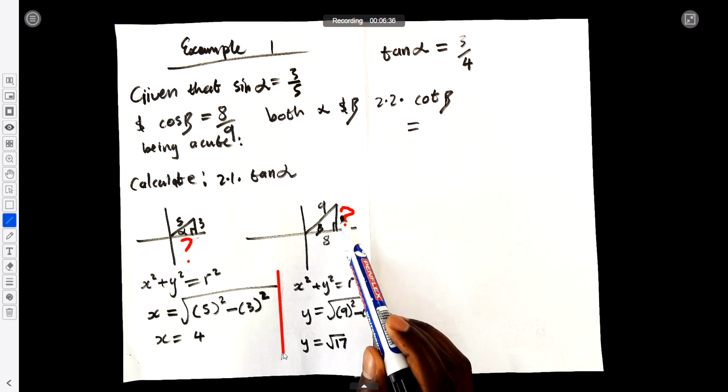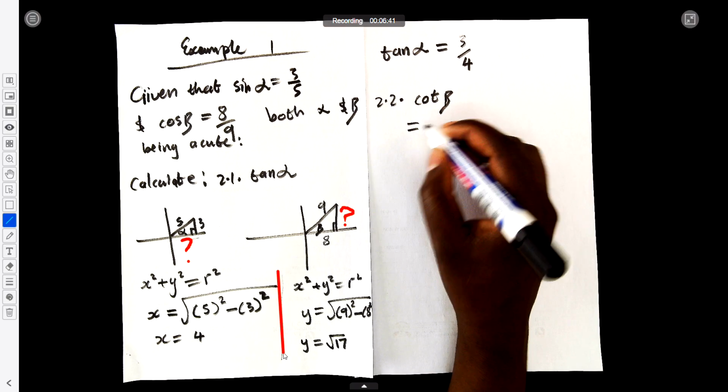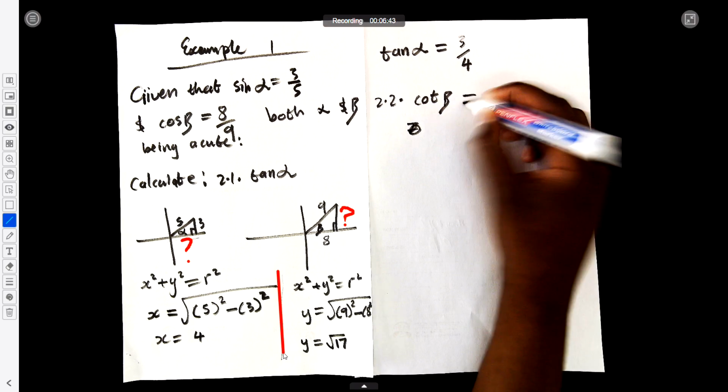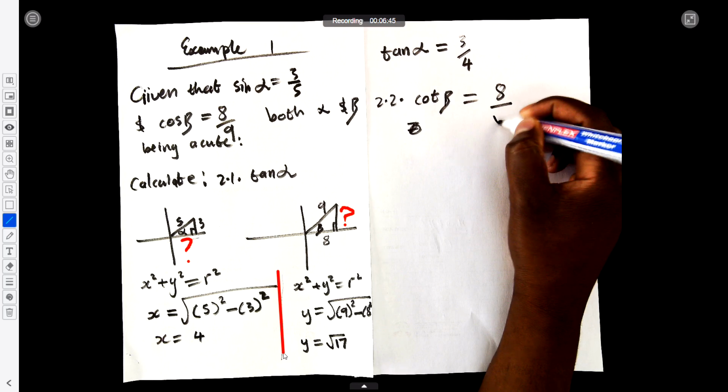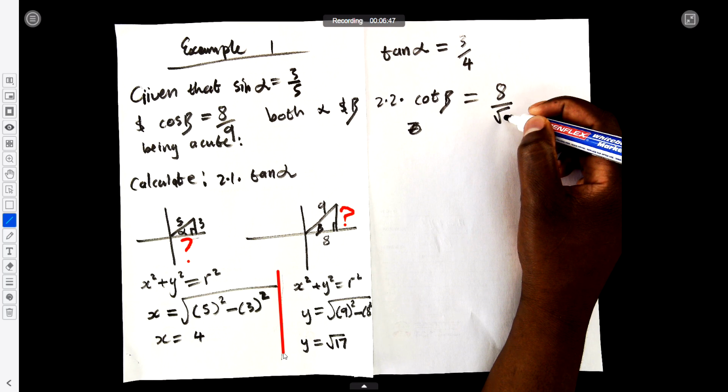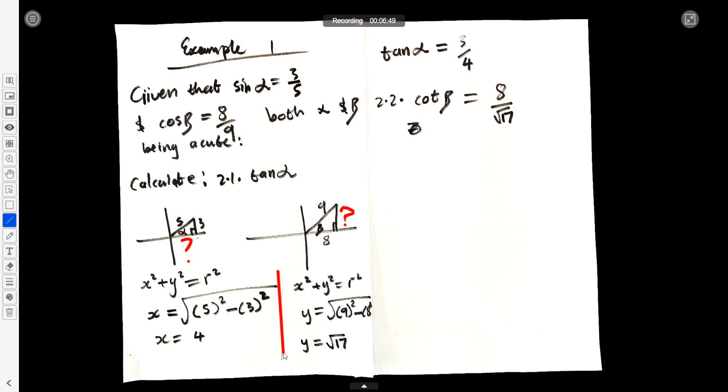That is 8 over root 17, the one that we just calculated. So cot beta is 8 over root 17, adjacent over opposite.